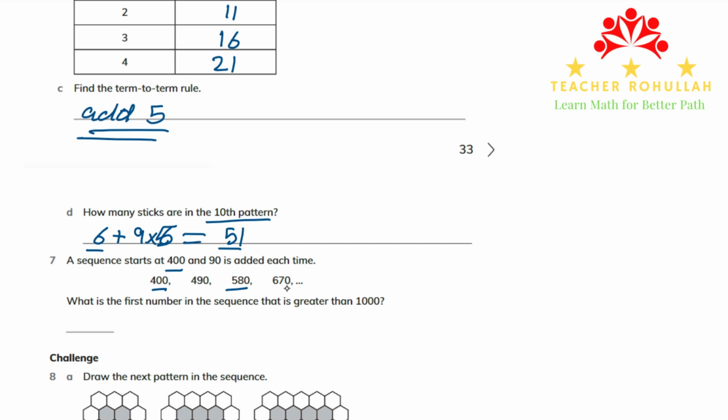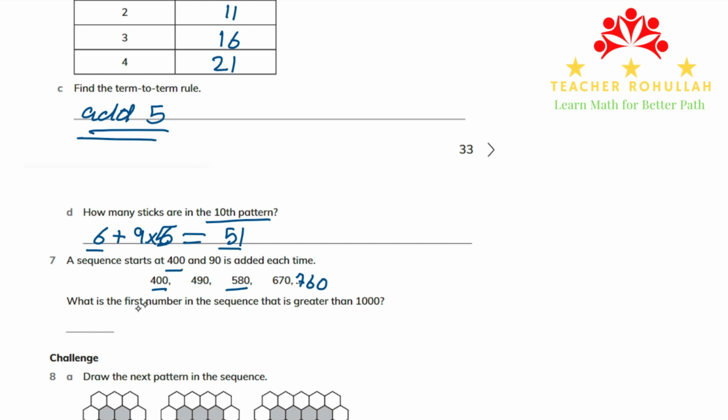Then if we take away 10 from it, we will have 670. So the next pattern is, if we add 100 to 670, we will have 770. But we will have 760 if we take away 10 from 770.